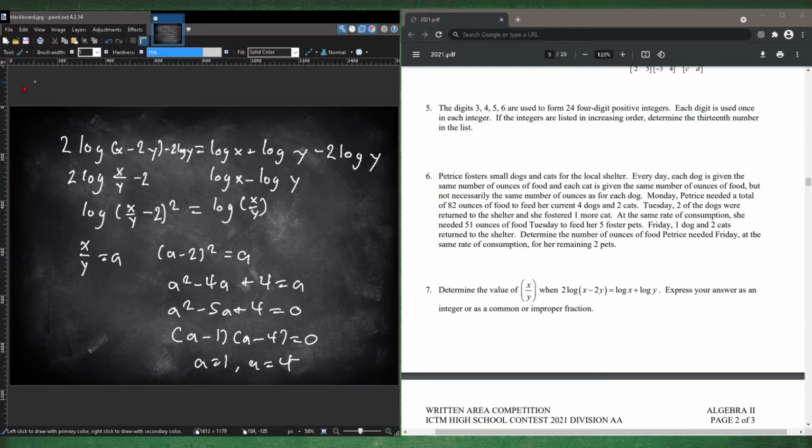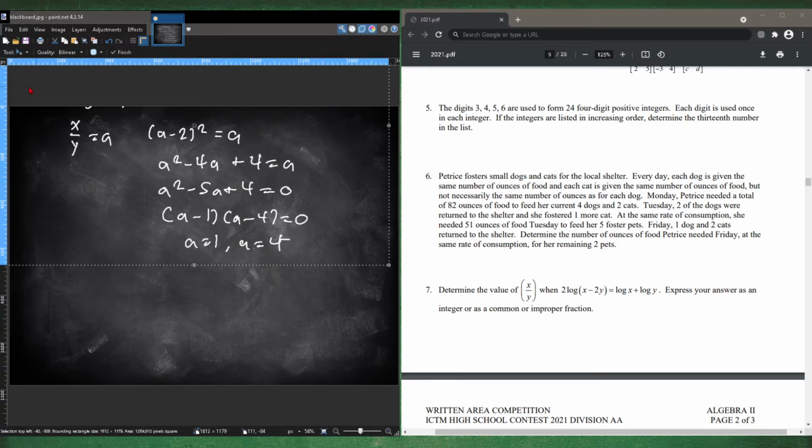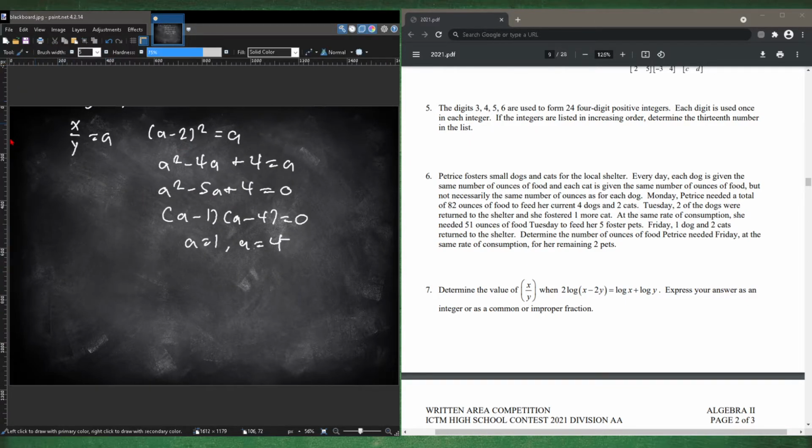So let's move this up so we can do some math. A equals 1 would just mean x equals y. Or when a equals 4, that would be x equals 4y. If we plug this into the equation, let's say x equals y. Then y minus 2y equals negative y, which equals log y plus log y. These are different signs.